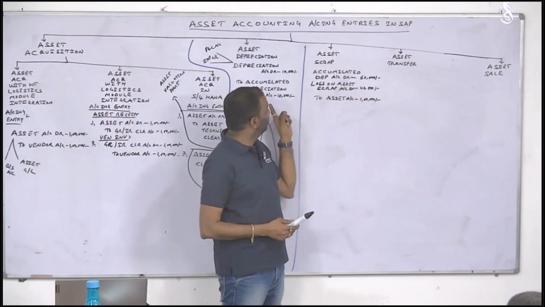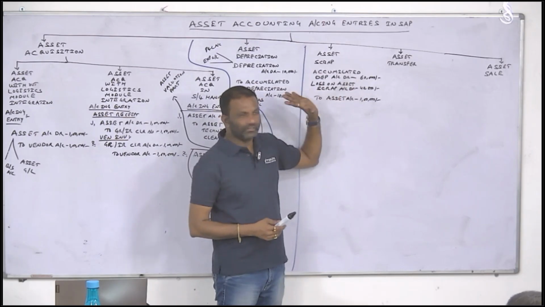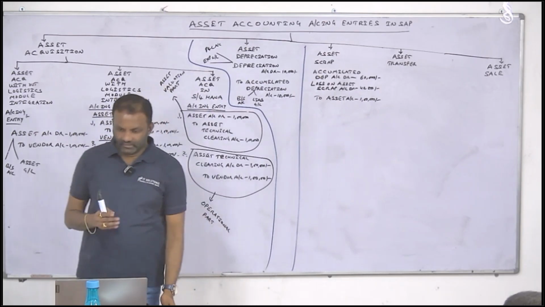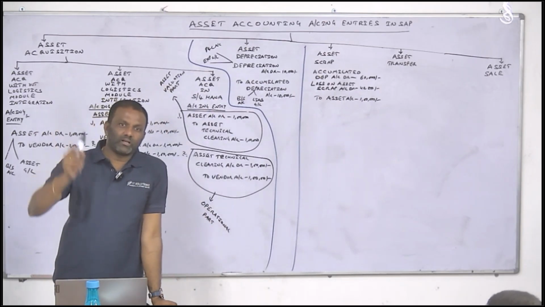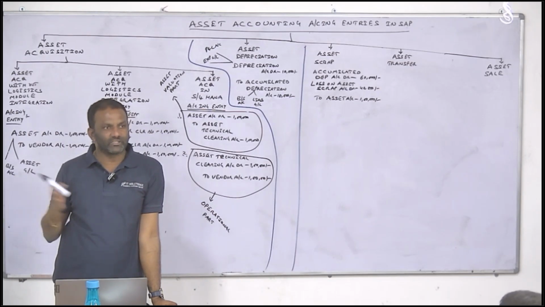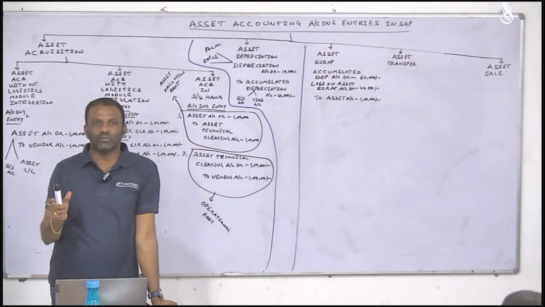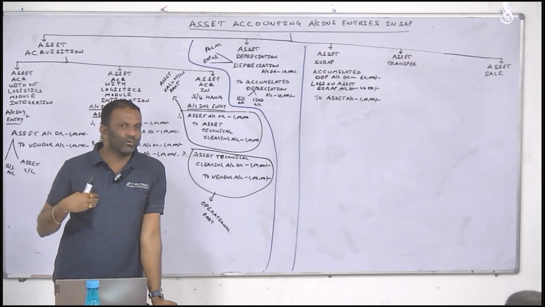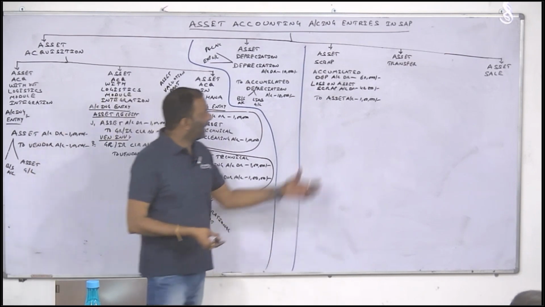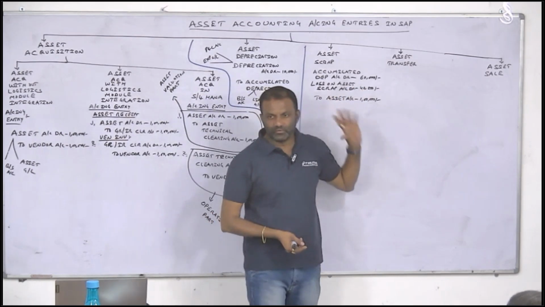Credit became debit. Now how much amount is remaining? 40,000. If it works properly, I can use that asset for the next 2 years, right or wrong? Every year I can calculate 20,000 depreciation. But now I am losing that usage of the asset. How much loss have I incurred? 40. Everyone is clear, right?